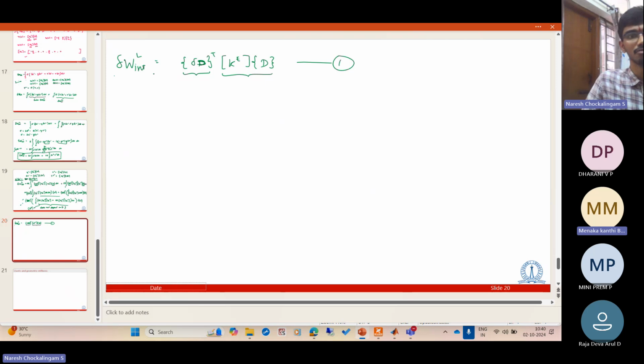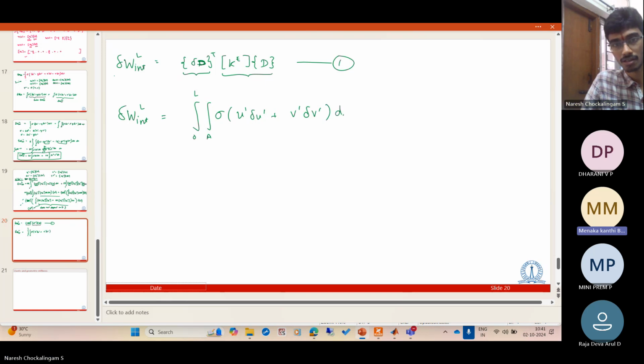So this is fine. Now look at the nonlinear part. It is the integral 0 to L, integral over the area, sigma U dash del U dash plus V dash del V dash dA dx. So nothing here depends on area, right?